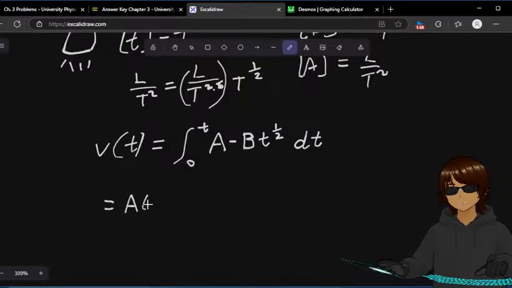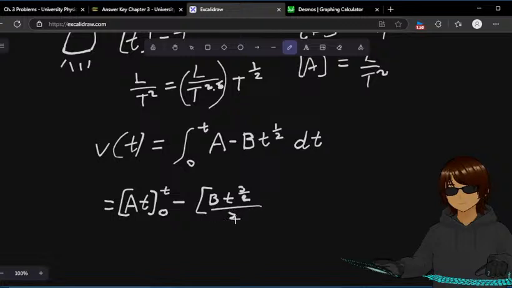We get a t from 0 to t, minus b, and this is plus 1, t over 2 over 3 over 2.